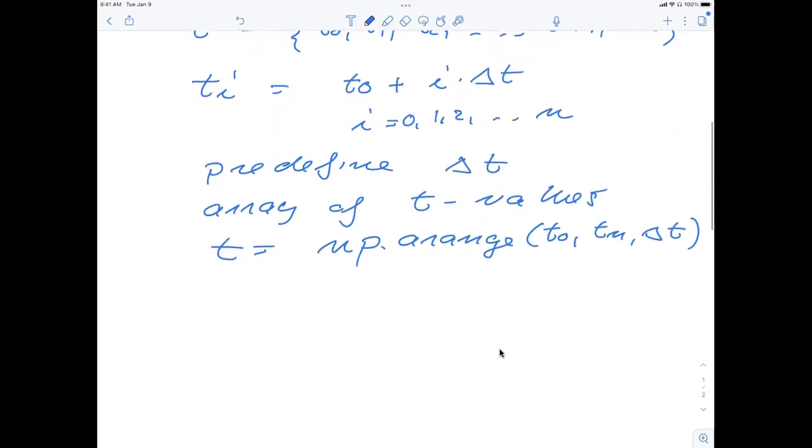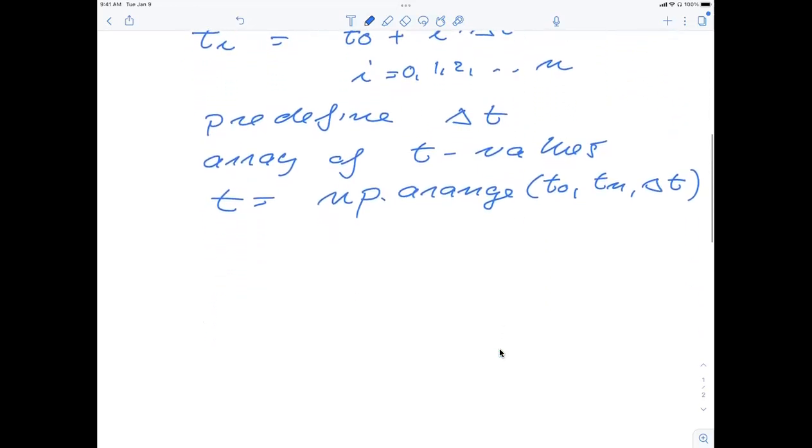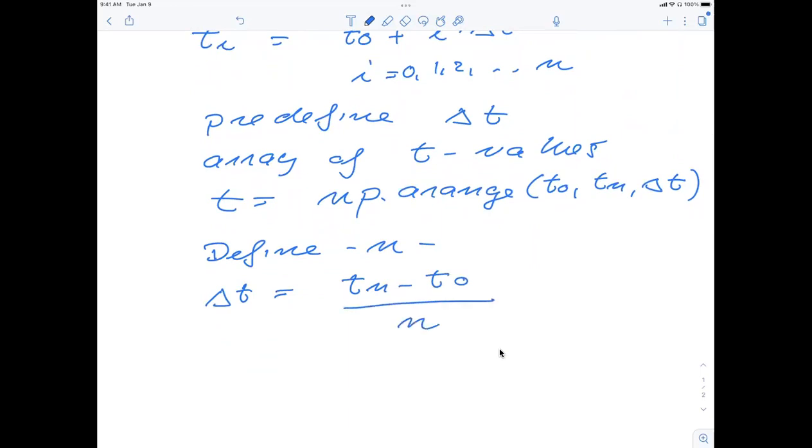Another possible way is that you define n, the number of points we have, and then we would simply set delta t to be given by the final t minus the initial t divided by the number of points.